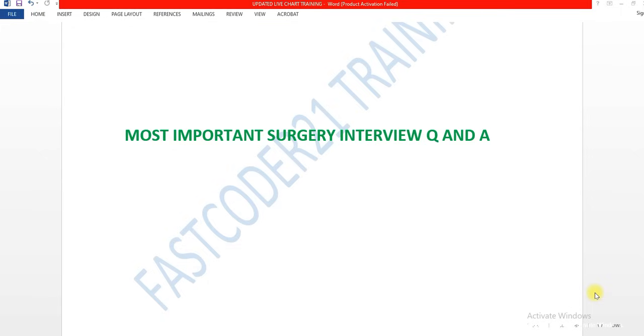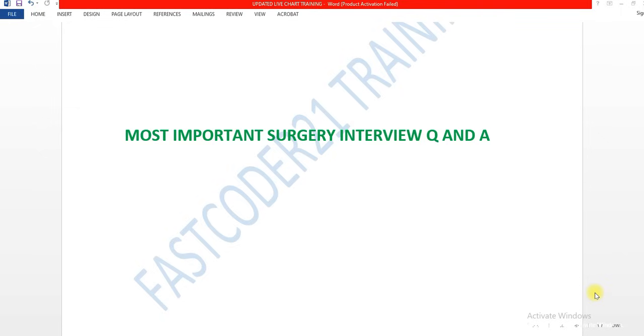Malunion is where the bone structure is malformed; after the treatment, the bone will be in an abnormal position or location. Non-union means there is no union between the bone.